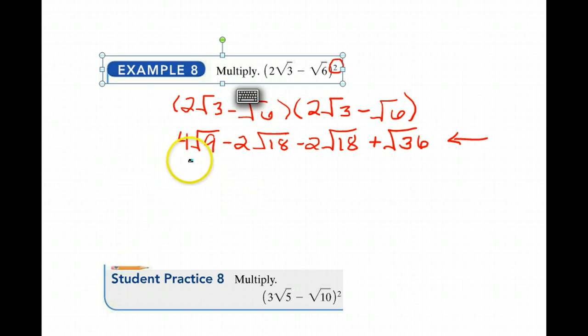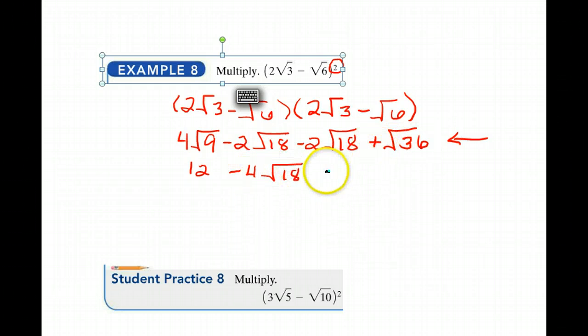Okay, continuing on, we're going to go ahead and start the simplification process. The first thing I see here is that I need to evaluate my square root of 9. So 4 times the square root of 9, which is 3, 4 times 3 makes 12. I have negative 2 root 18 minus 2 root 18, which makes negative 4 square root 18.